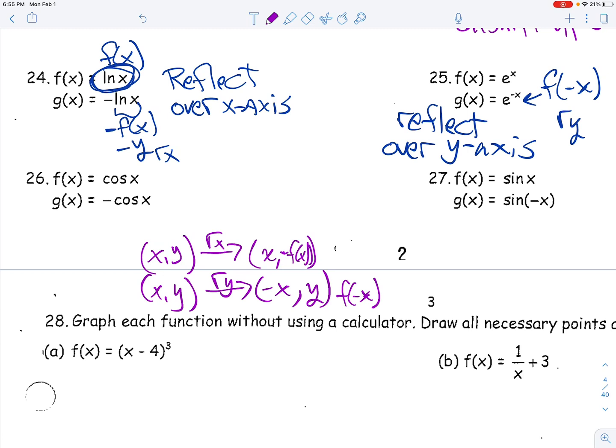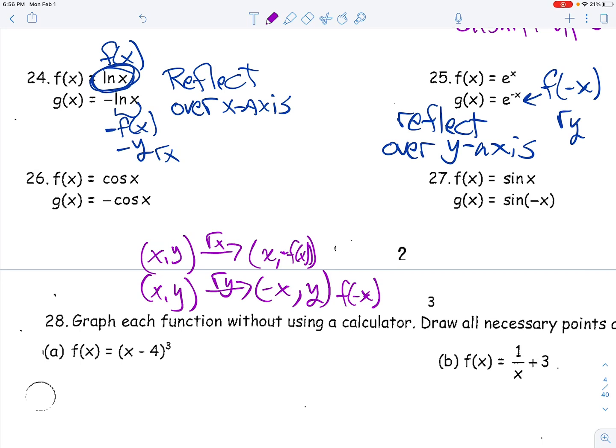Whereas a reflection over the y-axis is just the x. It's f of negative x, the general notation. I might get into that in a little bit. It's not the whole function, just the x's, depending if you have 2 or 3 terms.